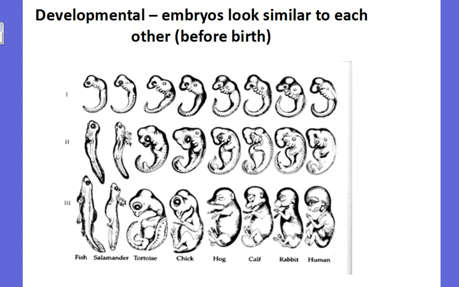Okay? And then as they get closer and closer to being born, they start differentiating more and more and looking less and less alike. Okay? But this similarity in appearance in the developmental stage is an example that there is some common ancestry. And again, the closer the relationship, the more similar.